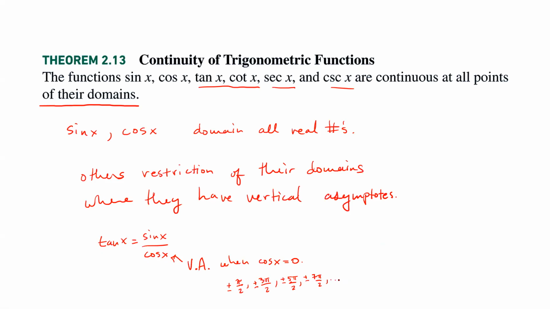So actually, there's infinitely many vertical asymptotes in our graph of tangent, but they have this sort of predictable pattern that we can use to find them.